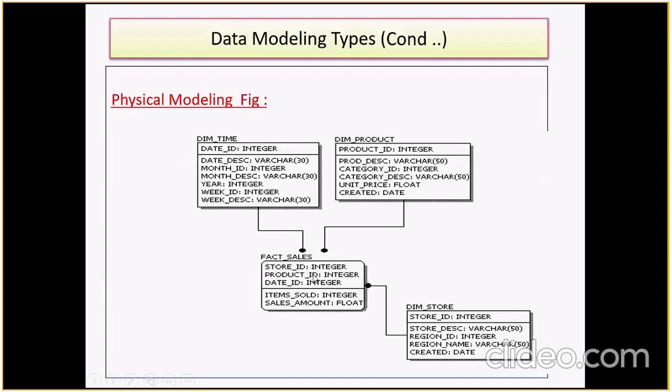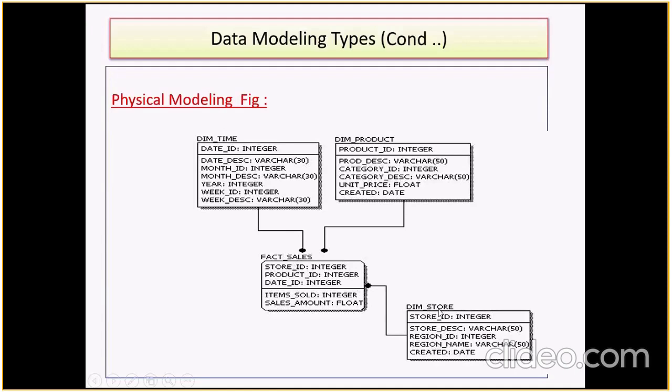The sales entity becomes fact sales, where I'll store all the information: by which store we sold that item, which product was sold, on which date, how many items, I mean how much quantity we sold, and how much amount, with all their data types. Data types are how we expect that data, for example integer is like 1, 2, 3, 4, 5, 101, 105.